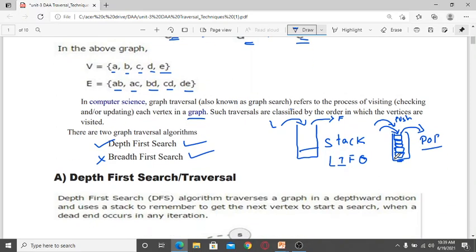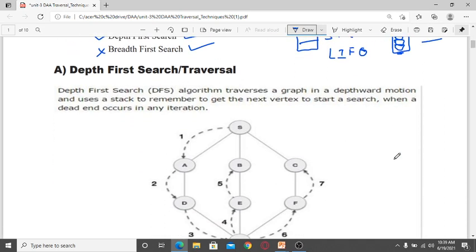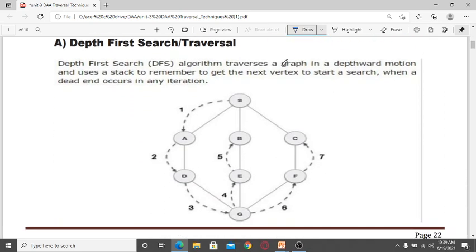Okay, fine. So here in the depth first search traversal algorithm, we traverse a graph in a depthward motion and use a stack to remember the next vertex to start a search when a dead end occurs in any iteration. Here it is starting from S, the first one, and it is storing it in the stack.